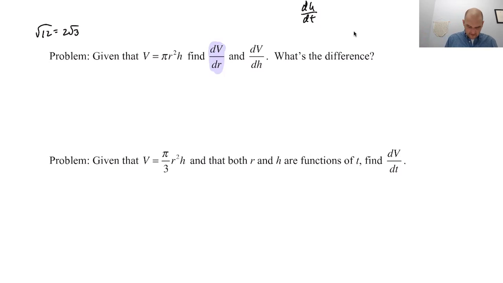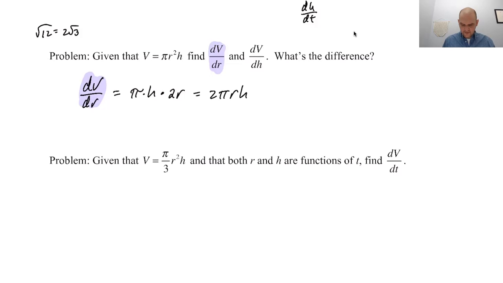So for the derivative dv dr, you really got to focus on your notation. If r is the variable, we get pi times h, which is just a constant multiple, and then times 2r. So we get 2 pi r h.